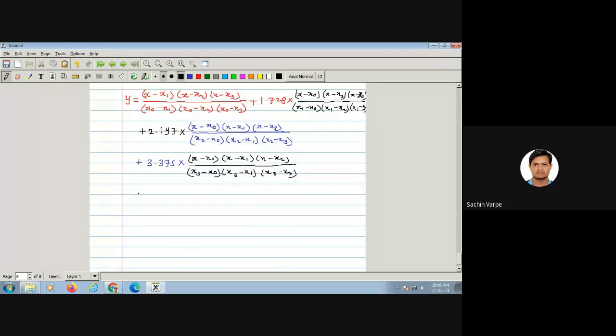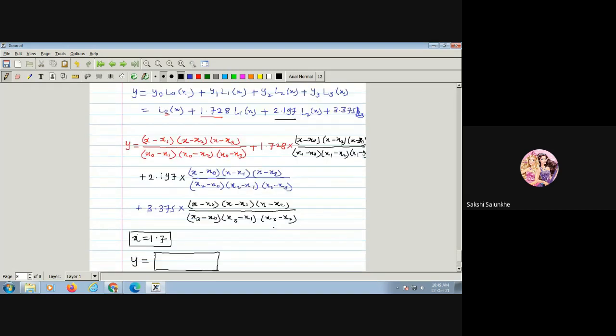So we substitute x equal to 1.7 everywhere, and even x0, x1, x2, x3, and we can directly calculate it with the help of a calculator. Calculators are allowed, right? So I request everyone to substitute x along with x1, x2, x3 into this y formula to get the required value. Will it be okay? Can you do this? Yes, sir. Okay. Thank you. So we stop here.